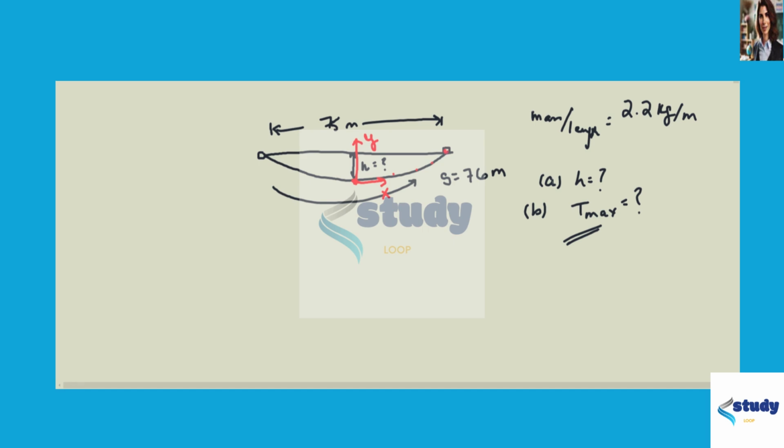So we will take this as the point, the second conductor, and we will find this length. Let this length be equal to S1, and we can see from the symmetry that this S1 would be equal to half of the S, and S is given to be 76 meters.